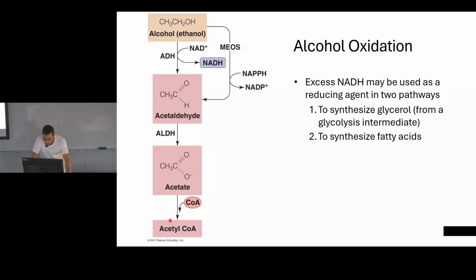So, I told you that acetyl-CoA is at the center of everything. So, if it's at the center of everything and you're consuming too much alcohol, what happens to the acetyl-CoA? Yeah, exactly. So it gets converted into fat. And so this is why a lot of people that abuse alcohol, usually they're overweight, okay?